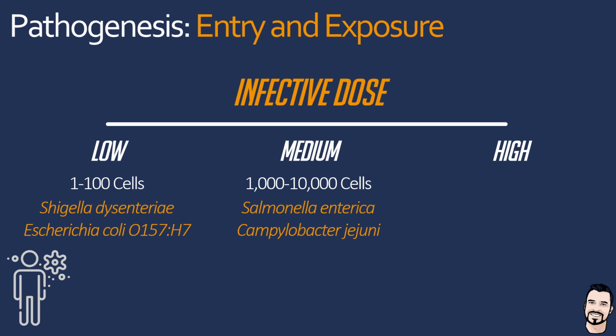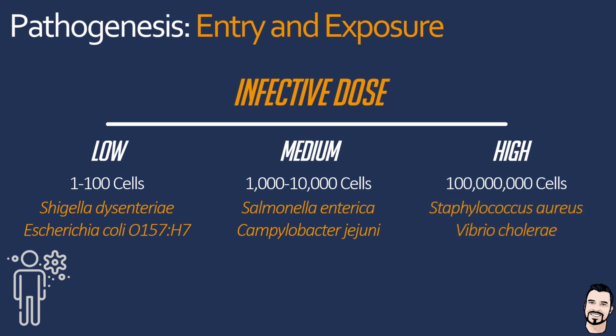Then at the other end of the spectrum are pathogens with a high infective dose, often over 1 million cells. And so things like Vibrio cholerae are acid sensitive and usually require ingestion of heavily contaminated water, while Staphylococcus aureus is kept in check by effective host barriers, requiring lots of cells to overpower these defense mechanisms.